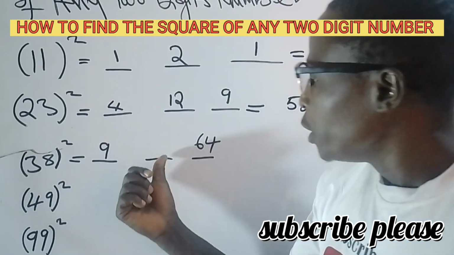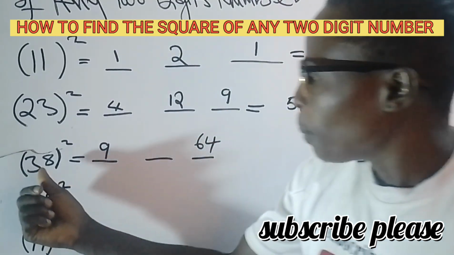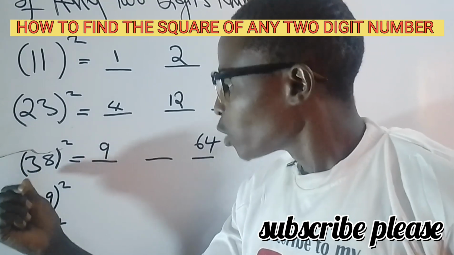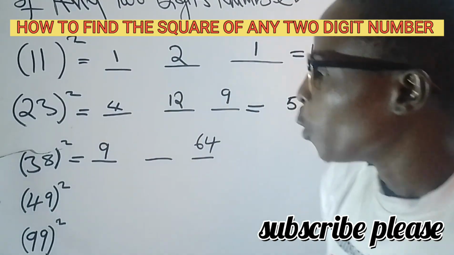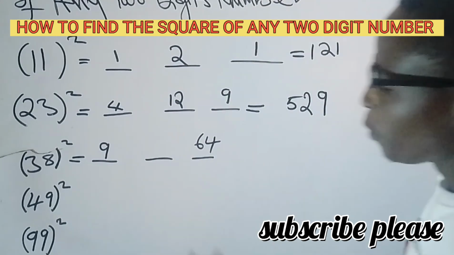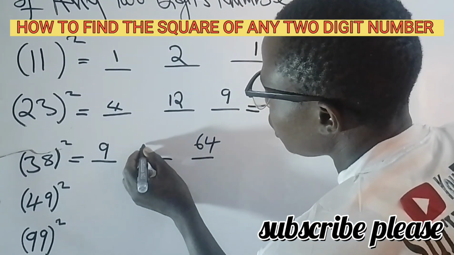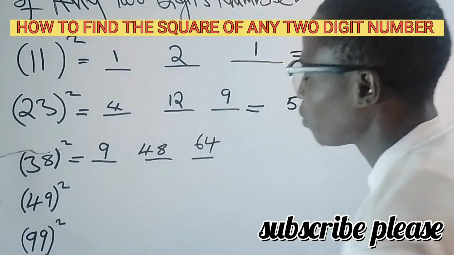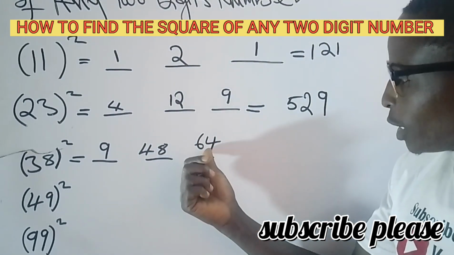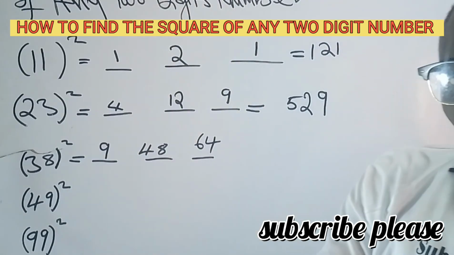The middle number is the product of the 2 numbers: 3 times 8, which is 24, times 2 is 48.